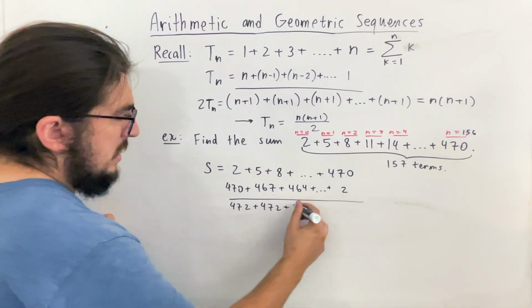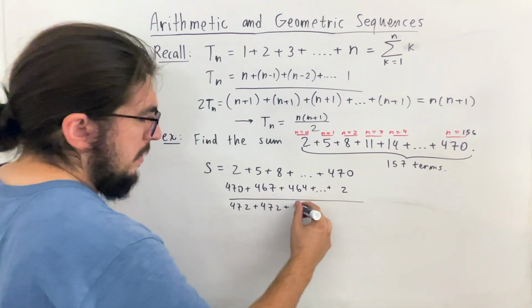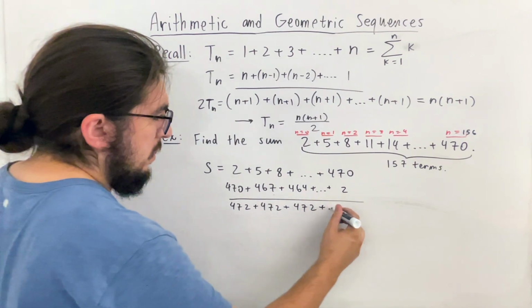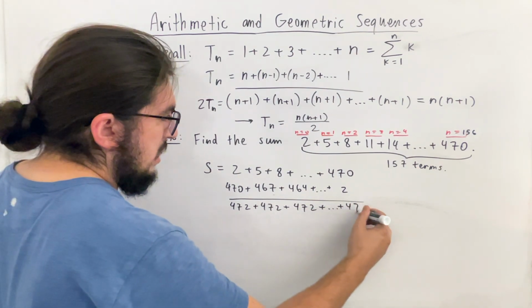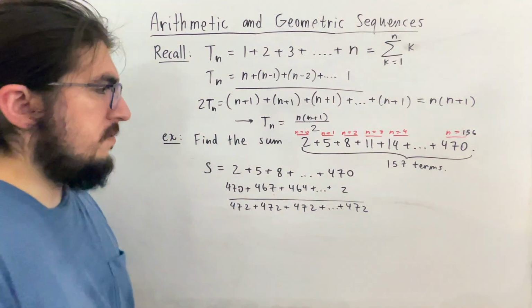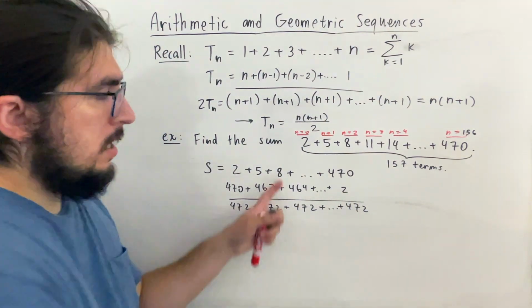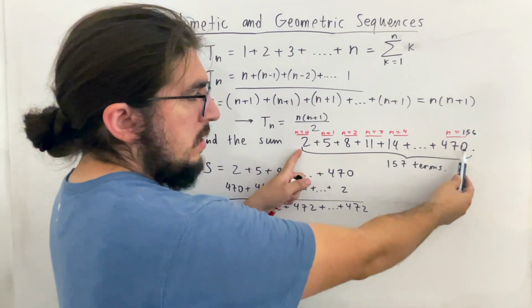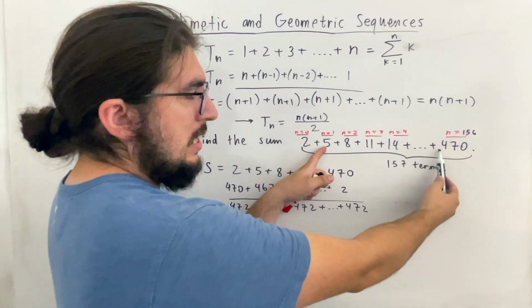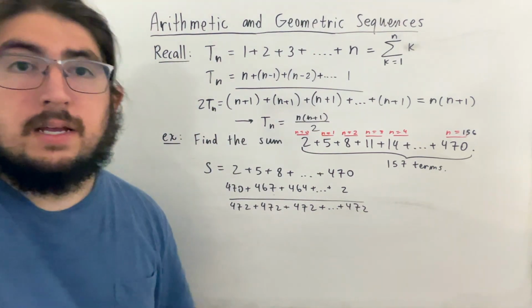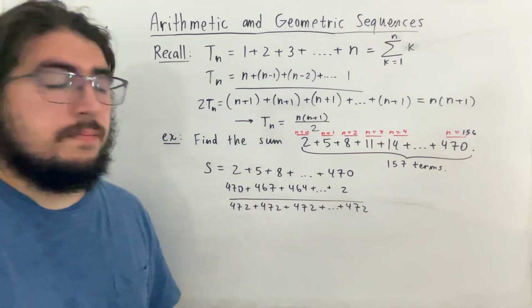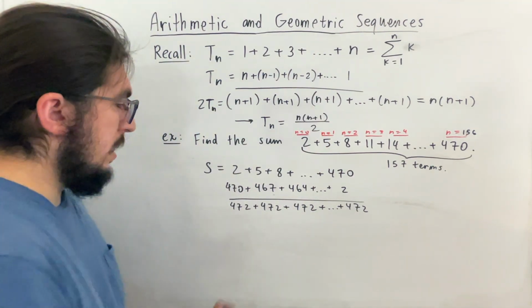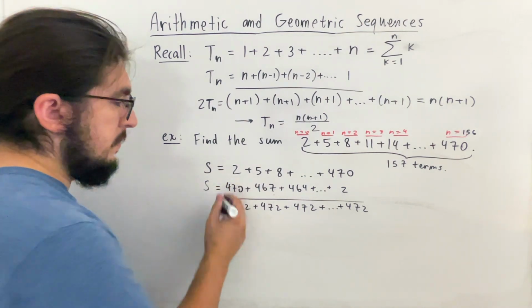But what's interesting is that you don't need to actually see it every time. Once you see it the first few times, you realize that because of the way common differences work, if you add the first to the last, the second to the second to last, the third to the third to last, you get the same number all the way through. So you're folding this sum in half in some sense.